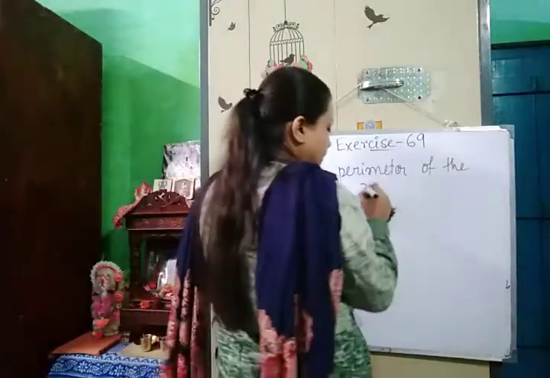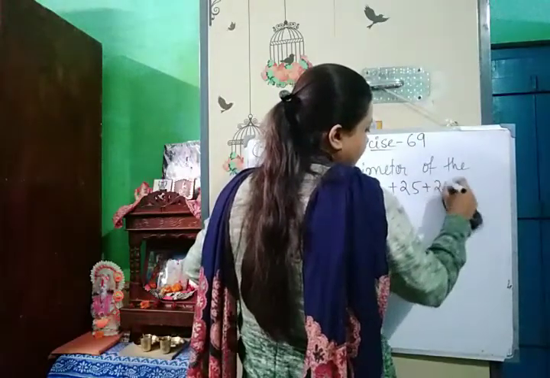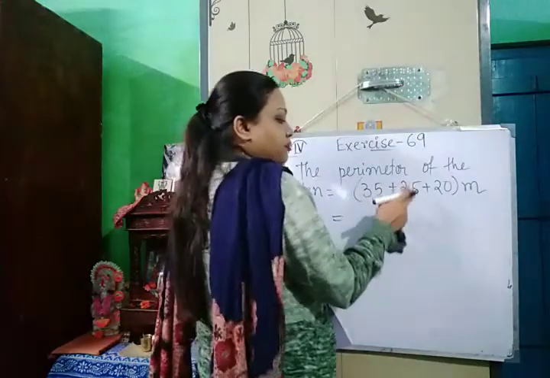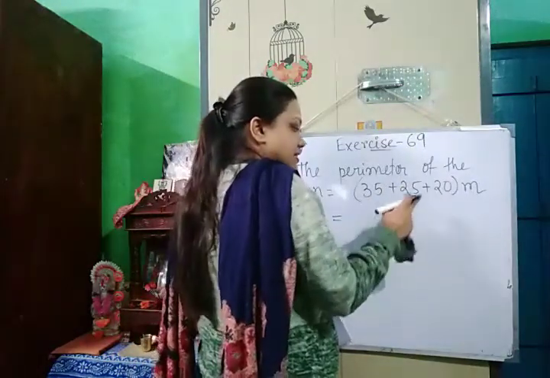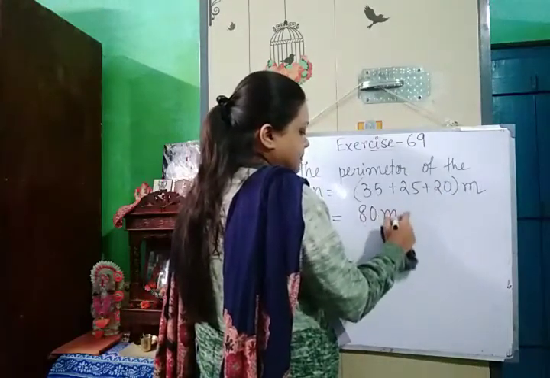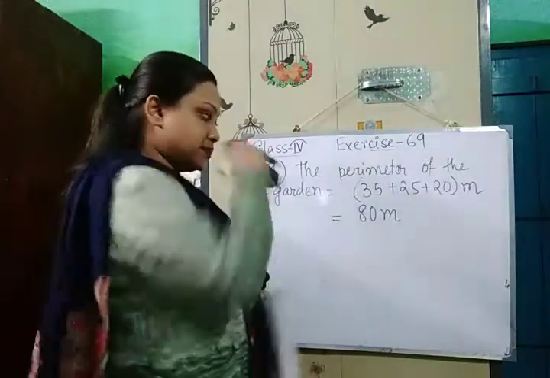So we have to add them. 35 plus 25 plus 20 and the unit is meter. So 35 plus 25 is 60, 60 plus 20 is 80. So 80 meter is the perimeter of the garden.